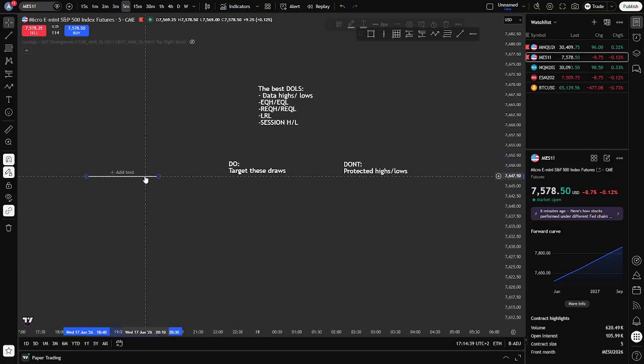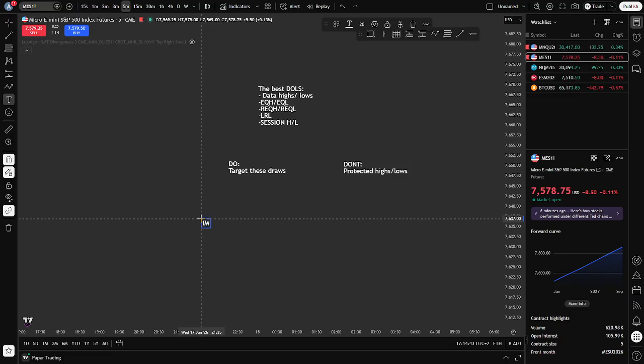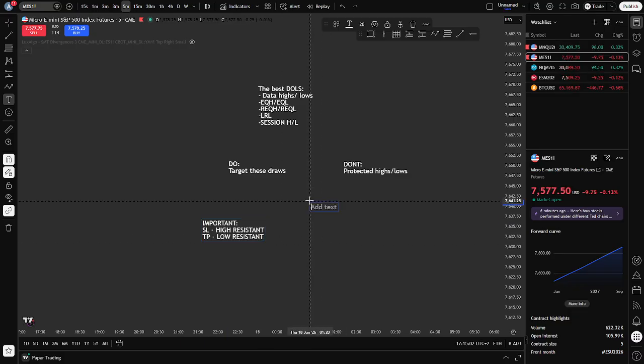Always focus your, I'm going to write this down because it's important: stop loss needs to be high resistance, and take profit low resistance.